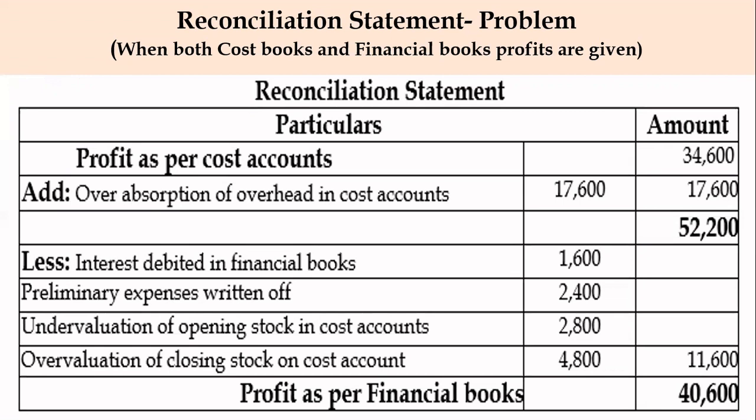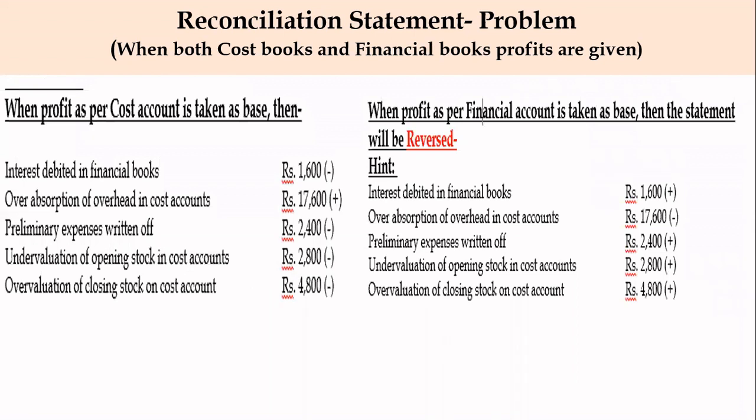There are only two ways to be taken: profit as per cost account or profit as per financial account. I have already shown you, when we take profit as per cost account as base, what items we have to add and what items we have to deduct. Now let us see, when we take profit as per financial account as base.